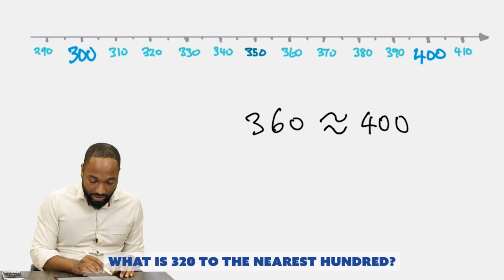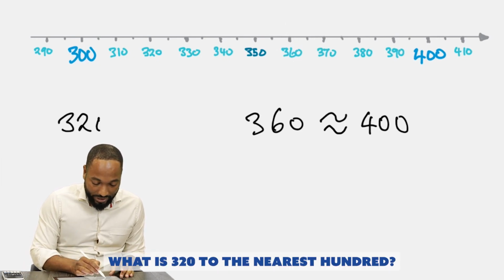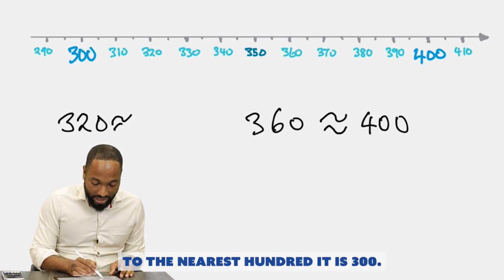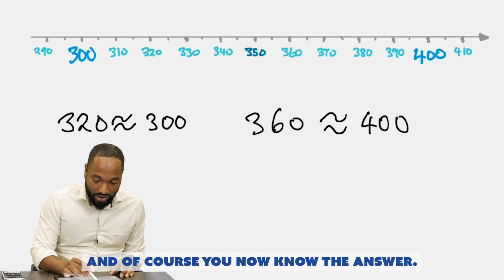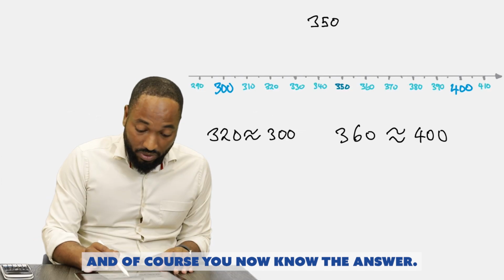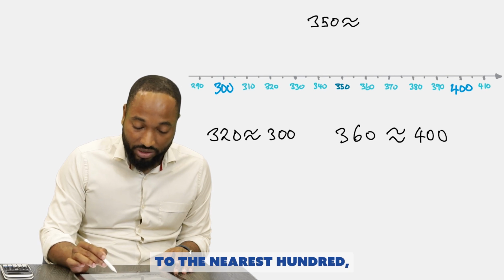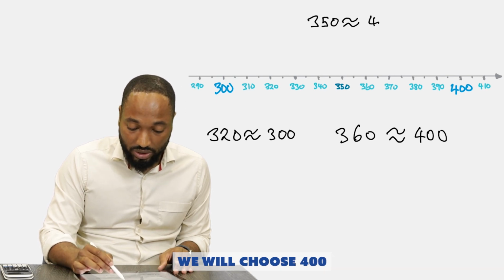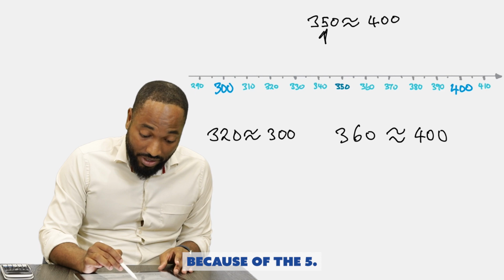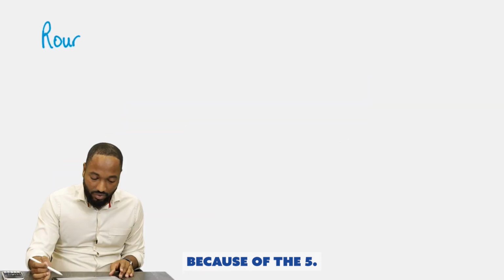What is 320 to the nearest 100? To the nearest 100, it is 300. And of course, you now know the answer. If 350 is approximated to the nearest 100, we will choose 400 because of the 5.